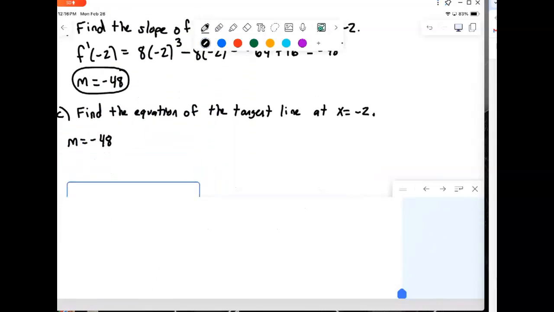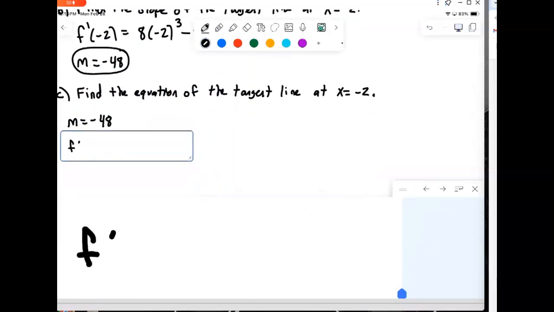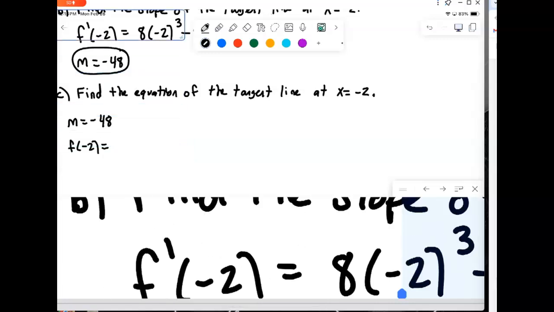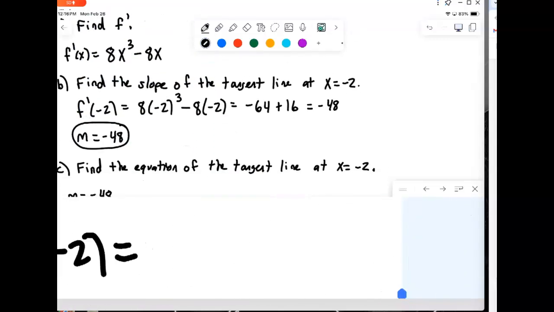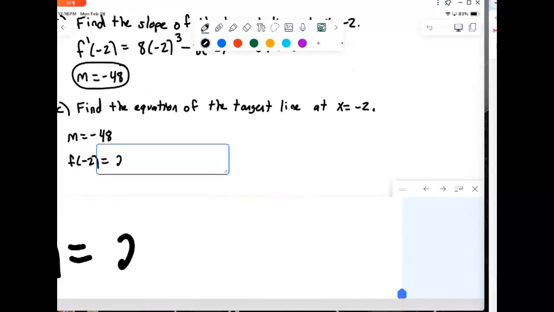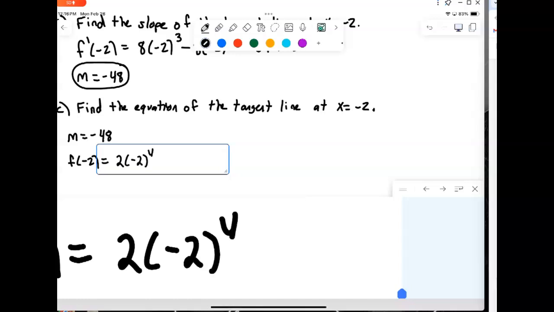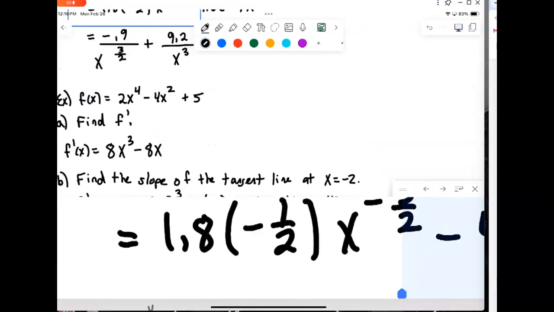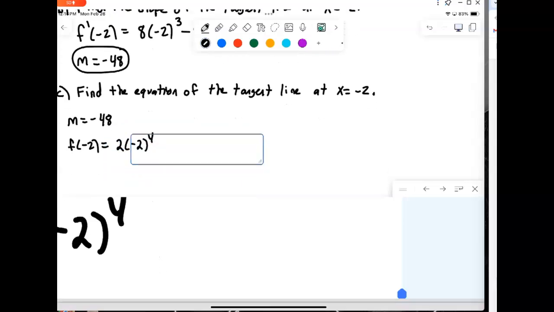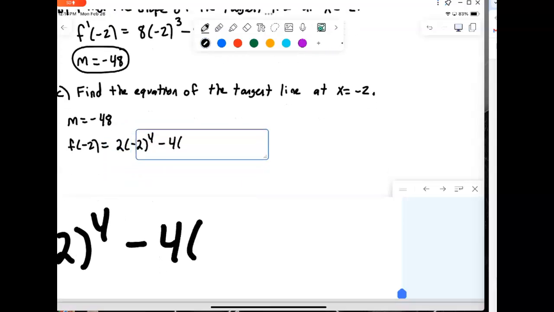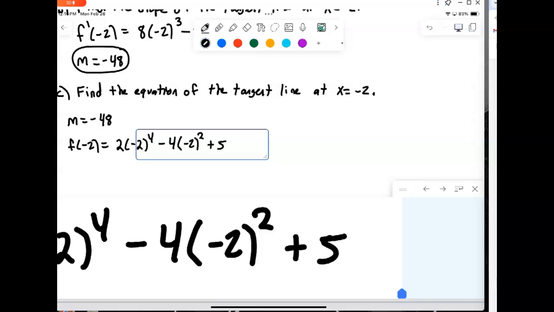And so that's what we do. f of negative 2 equals 2x to the fourth, so 2 times negative 2 to the fourth. And then it was minus 4x squared, minus 4 times negative 2 squared, plus 5. So we go through and we make that computation.